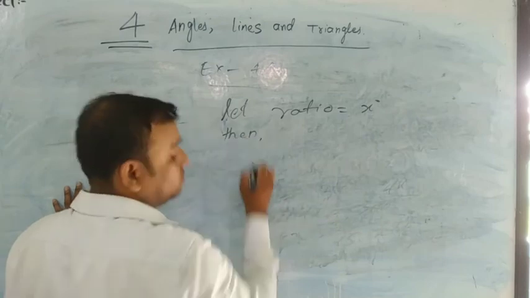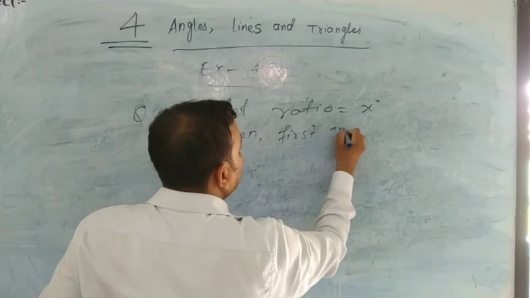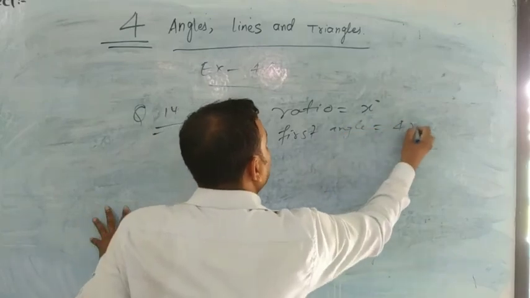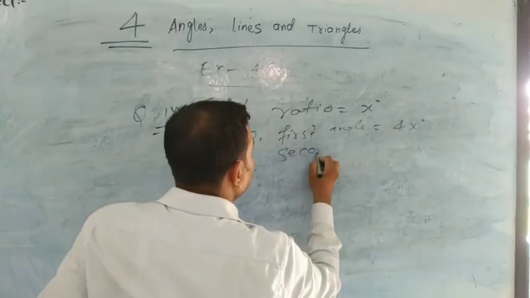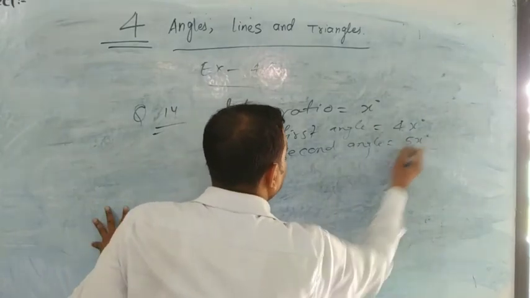Then, dear student, the first angle equals 4x degrees and the second angle is 5x degrees.